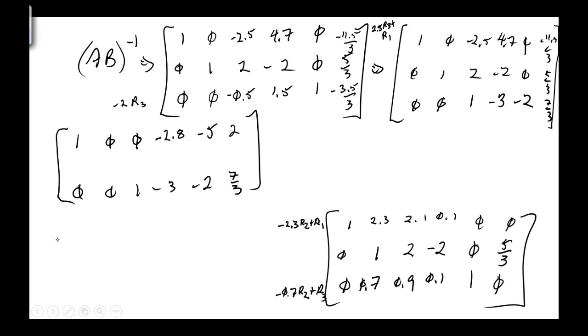Now, middle row. Looks like to me a minus 2 times row 3 plus row 2. That should do it, shouldn't it? That'll be a 0, 1, sorry. Okay, 0. All right, now the hard part. Minus 6 minus 2 is minus 8.